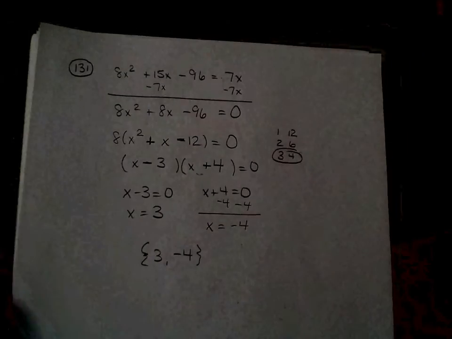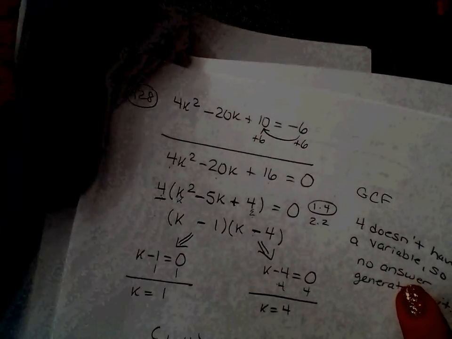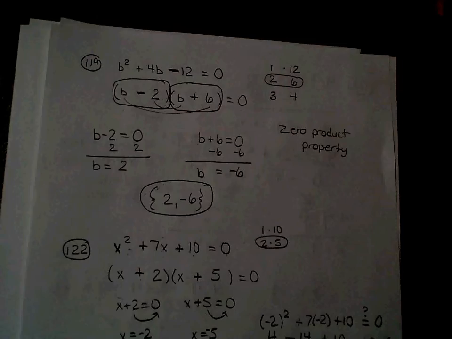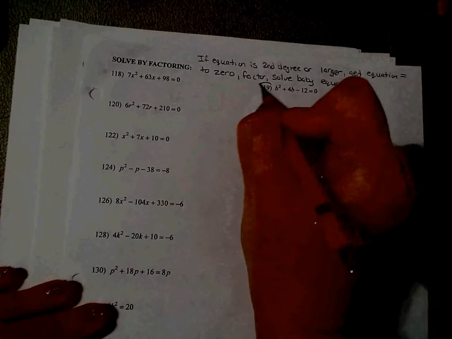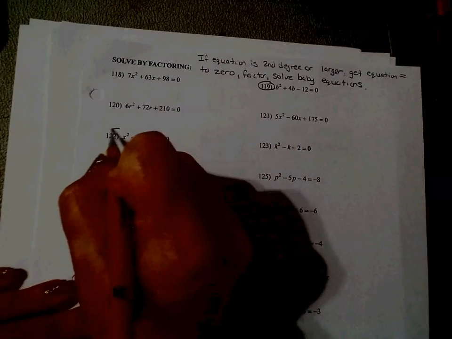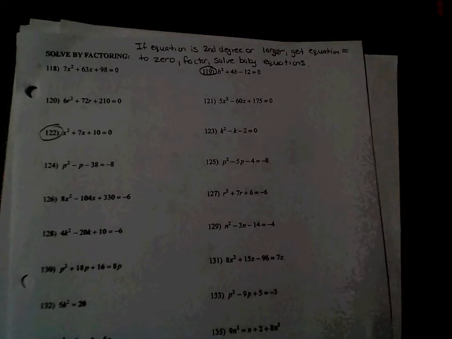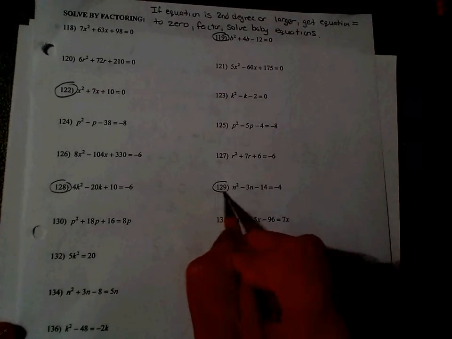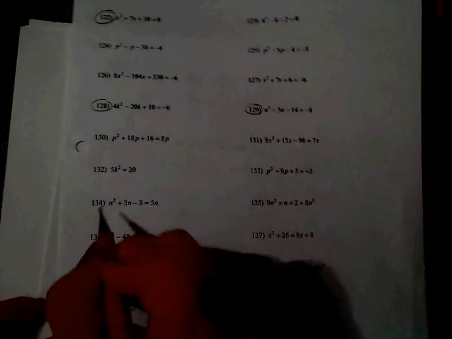Okay, so if we look at what we have worked out of this batch, to make sure that you've got them all copied down, if you need to go back and watch a few more videos, we did 119, we did 122, we did 128, we did 129, and we did 131.